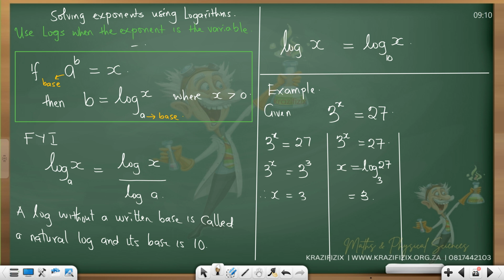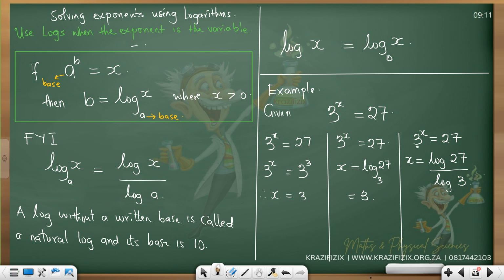We're done. Now the other one that I wanted to show you is, look at this. X can be written as log 27 over log 3. You see, the base goes to the bottom. The 3 is the base.